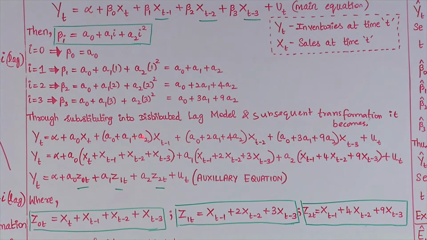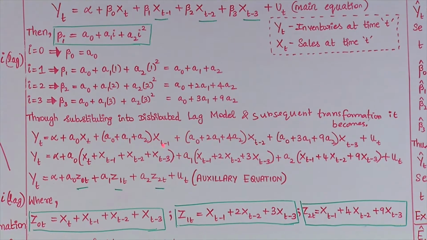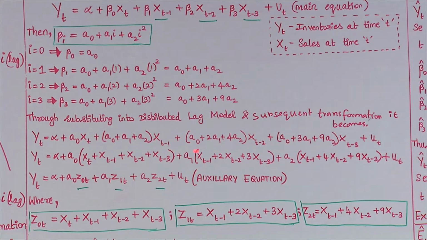So rearranging these terms in terms of the coefficients a0, a1 and a2, we are collecting here a0 into xt, that is the only term with a0 as the coefficient, and if you multiply inside, you get another term with a0 as coefficient, that is a0 xt minus 1.